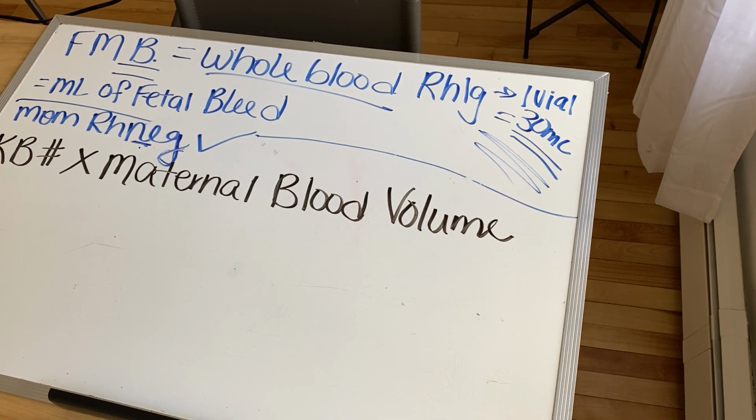That's the calculation. This number comes from counting cells. For example, 8 out of 992.